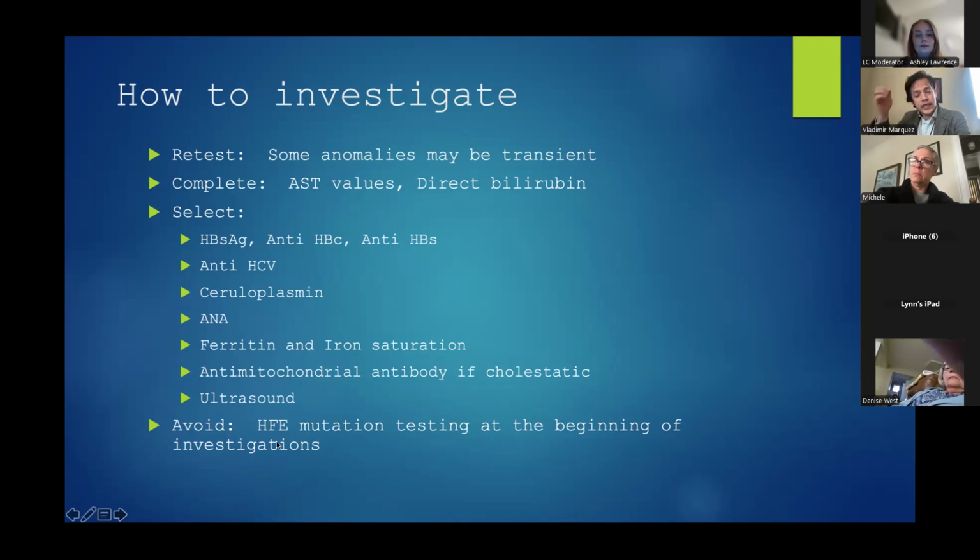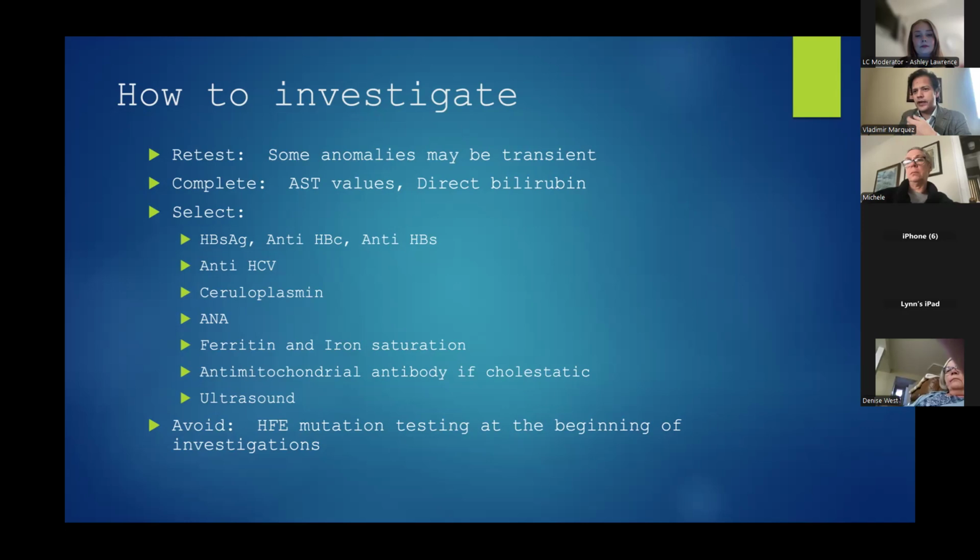A lot of physicians sometimes refer patients with high ferritin levels, and they do this mutation testing, the HFE for hemochromatosis. I'm careful with that because it all depends on the population that you're dealing with, but it's a mutation that is extremely rare in patients that do not have a European ancestry.